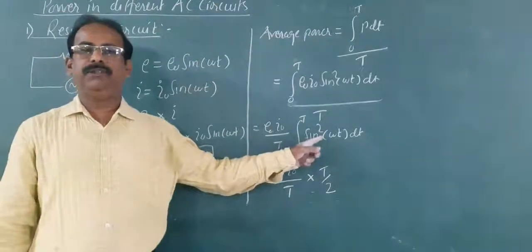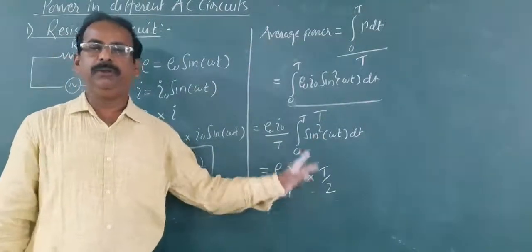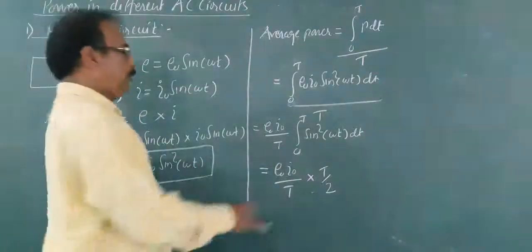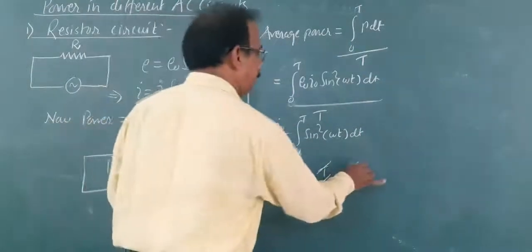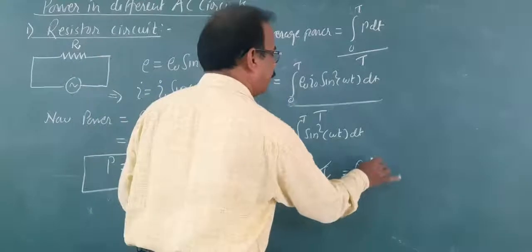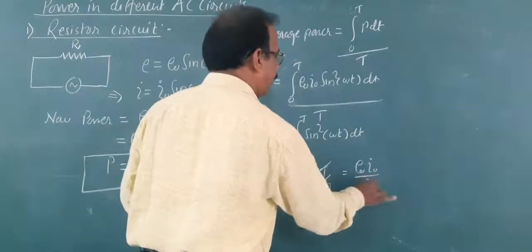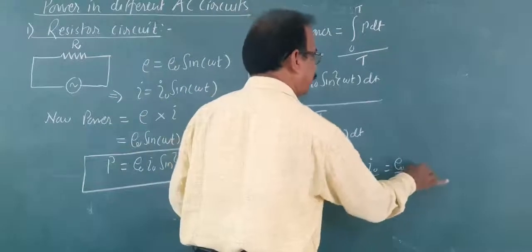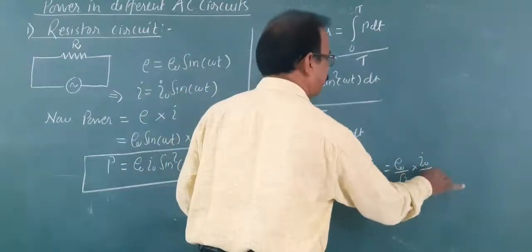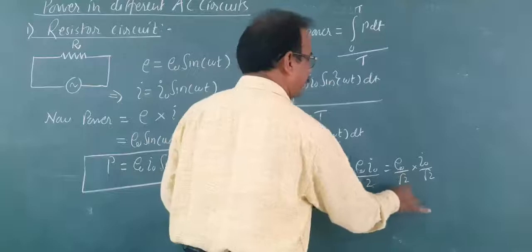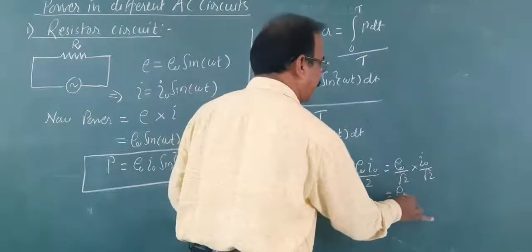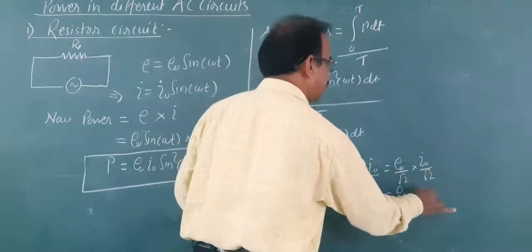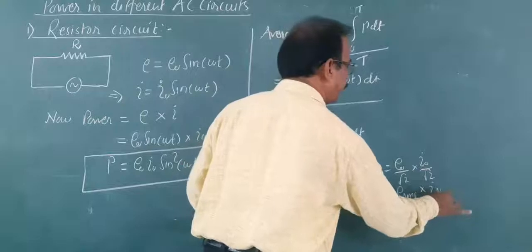Put value of this integration T by 2. This T gets cancelled. We get here E0 I0 upon 2, which we can write like this: E0 upon root 2 into I0 upon root 2. This E0 upon root 2 is nothing but root mean square value of EMF, and this is nothing but root mean square value of current.